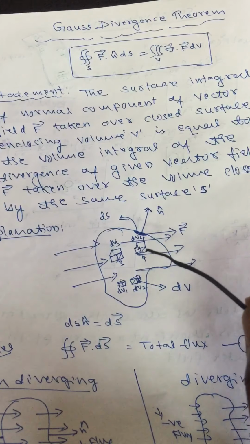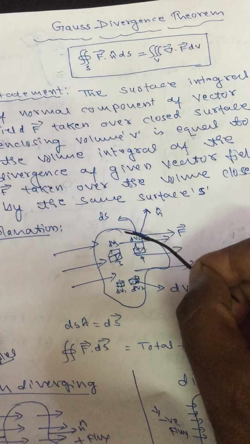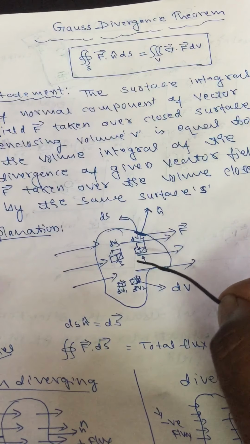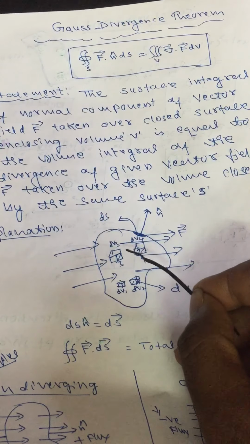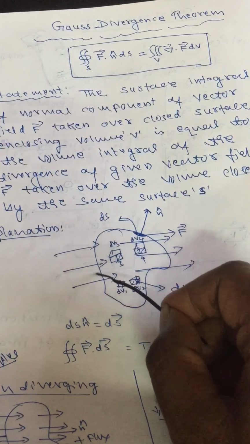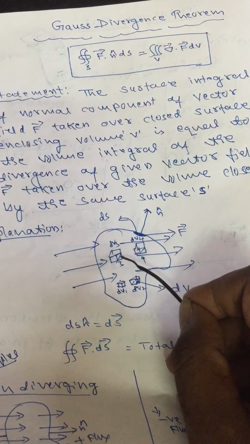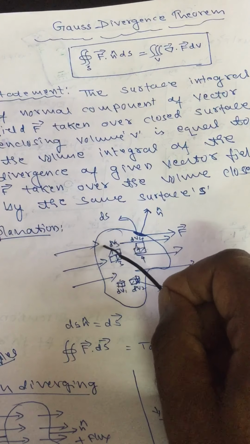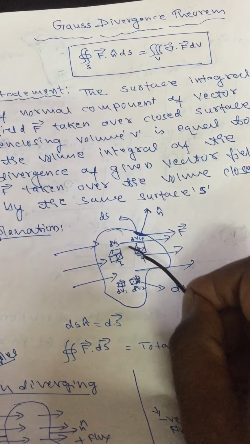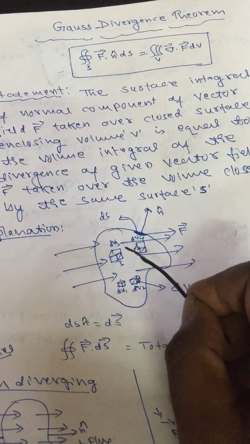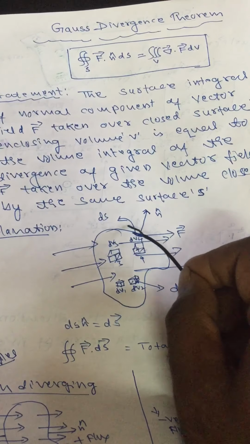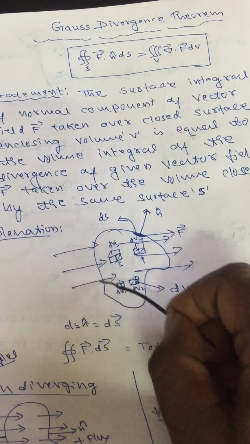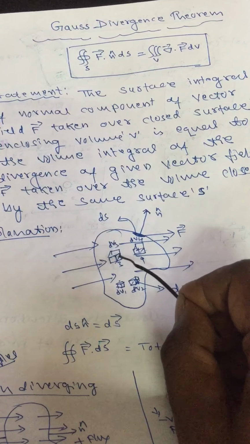The first condition is, it is not an open surface. The second point is that this closed surface encloses infinitesimal, small volumes. Number one, it is a closed surface. Number two, it consists of volumes.